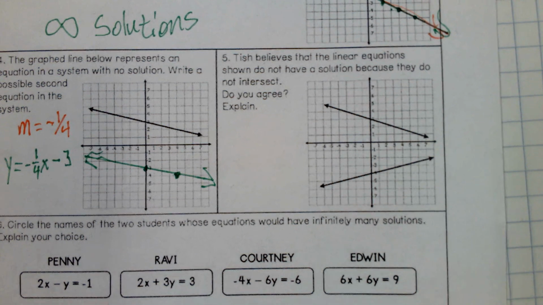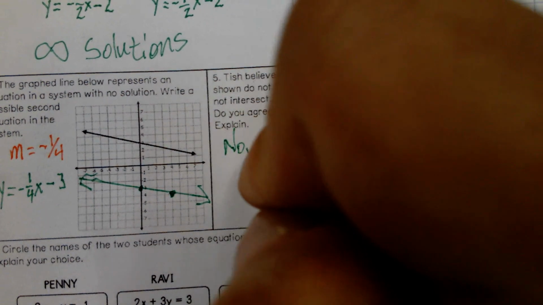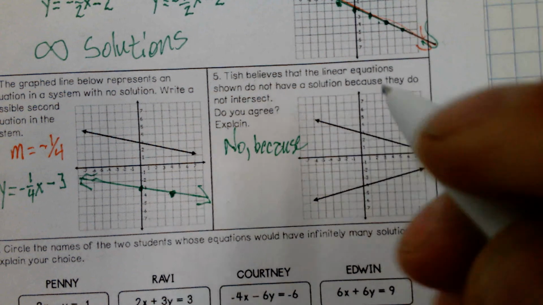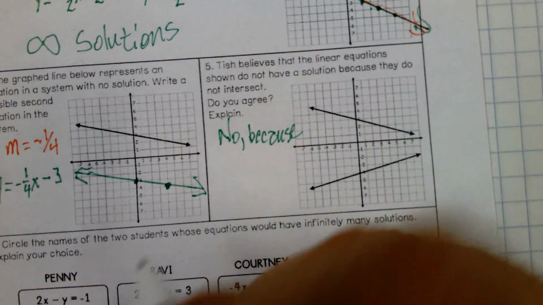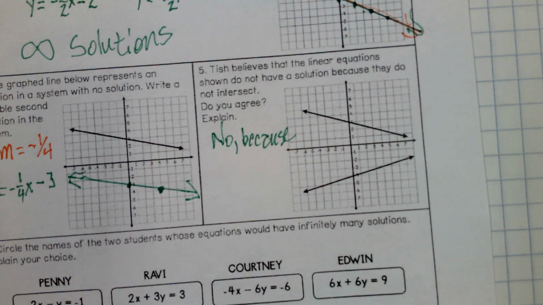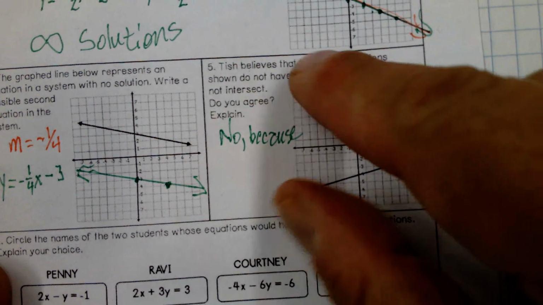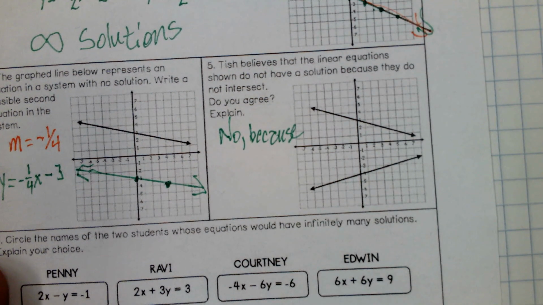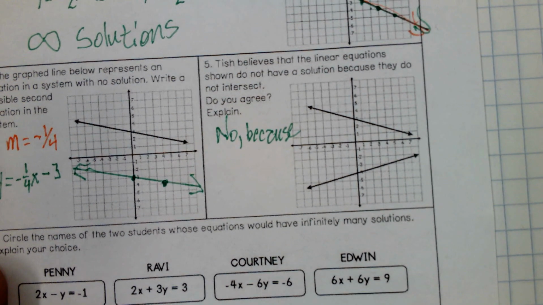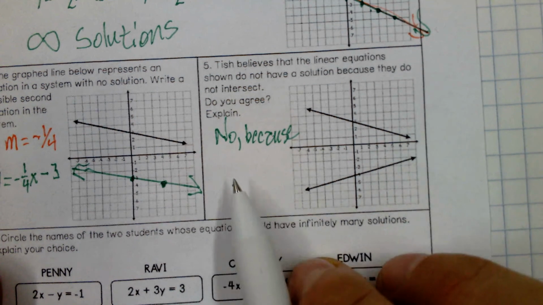All right. So is it a yes or a no? No. Because, what's the because? Lines go on for infinity, so eventually they'll cross each other. Very good. So we could say that. Did anyone have an answer using the slopes?